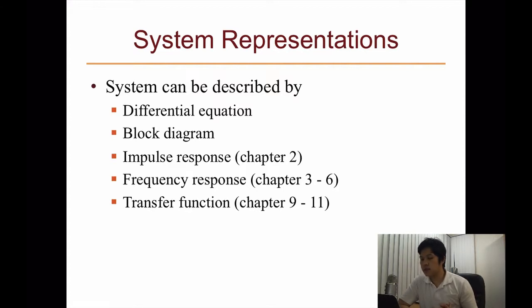We can represent system as impulse response, that we will learn later when we simplify the system to linear systems. We can represent systems as its response to the frequency, and we can represent it as transfer function, which are the last three topics. We will learn them later.